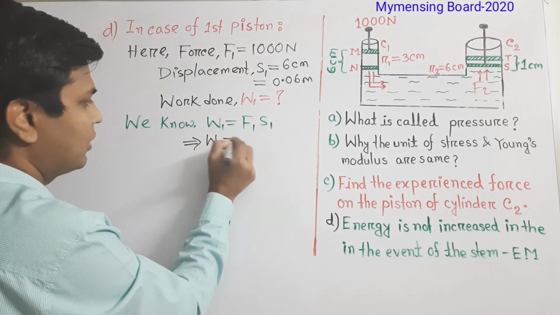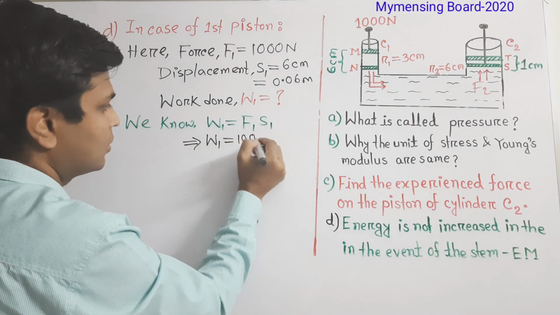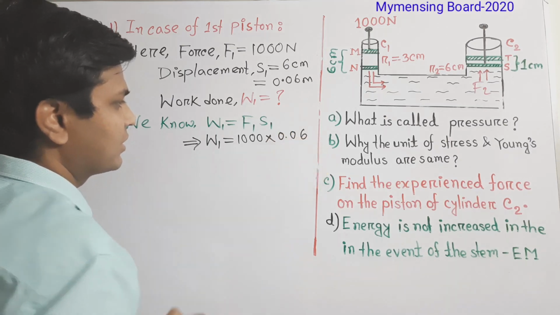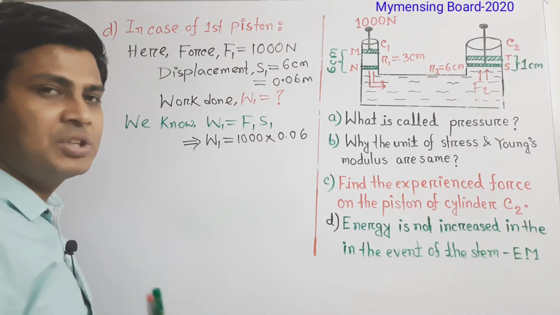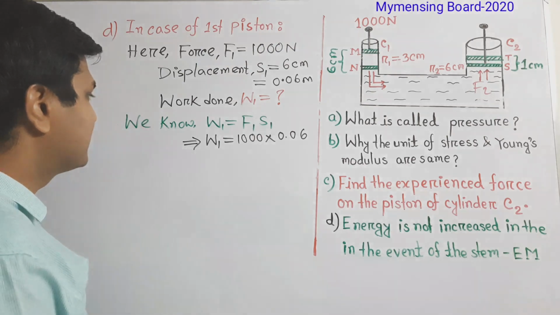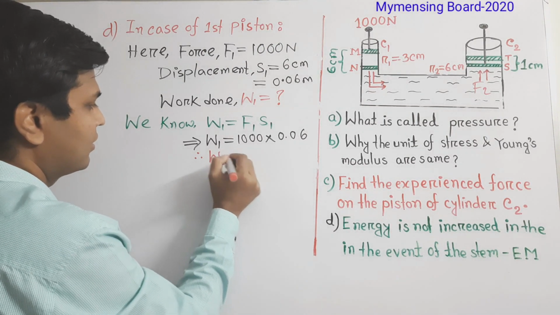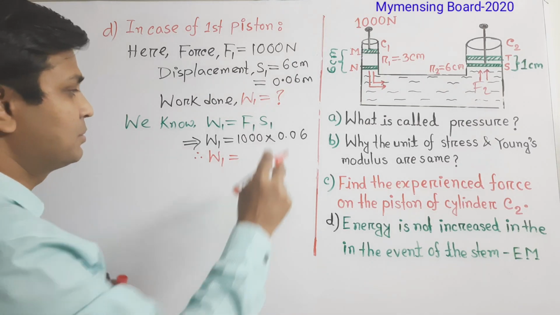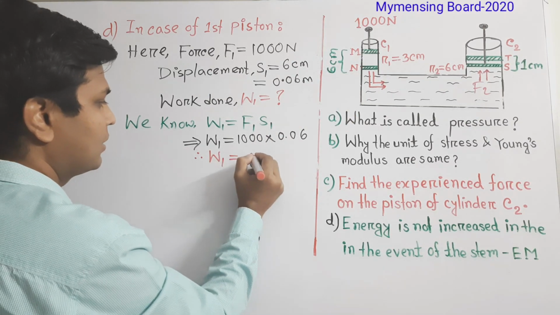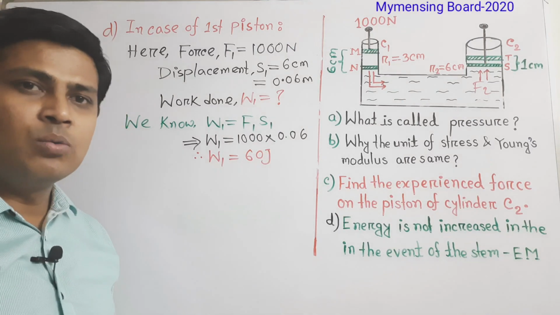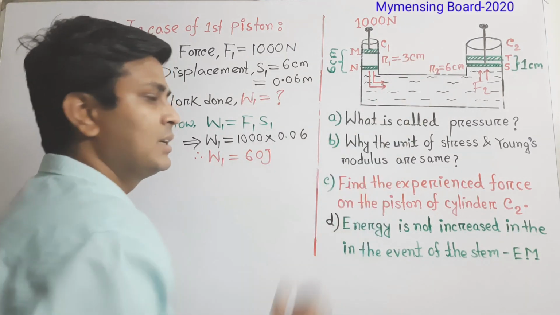We can write W1 equals F1 is 1000, S1 is 0.06, and after calculating that expression we will get W1, that means work done by the first piston, is 60 joule.